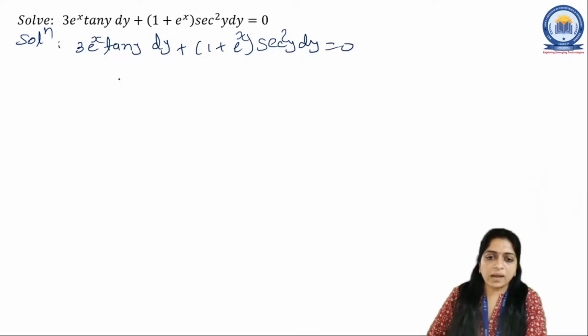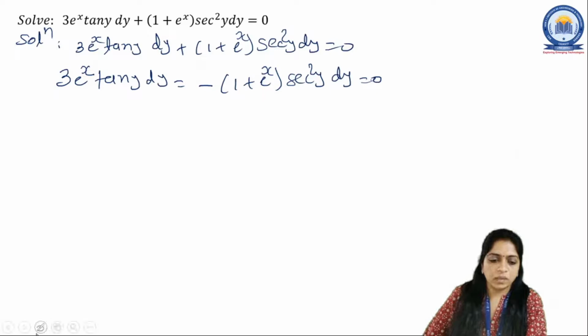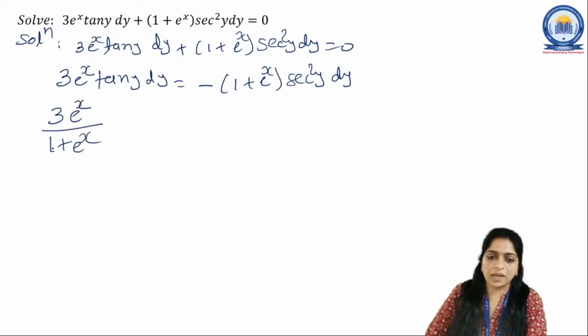If I rewrite this equation, we keep our second term on the right hand side, so it will be negative. Now 3 e raised to x upon 1 plus e raised to x. If I keep this bracket on the left hand side, it is in the denominator.